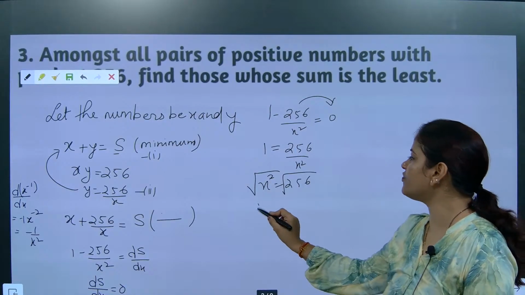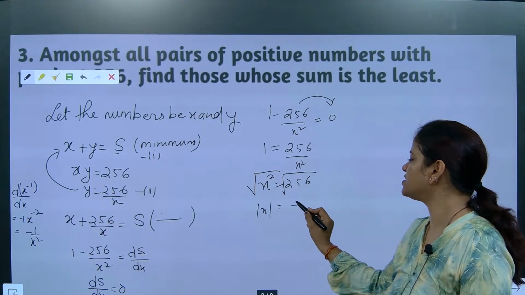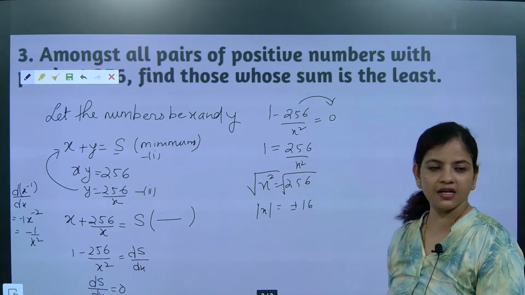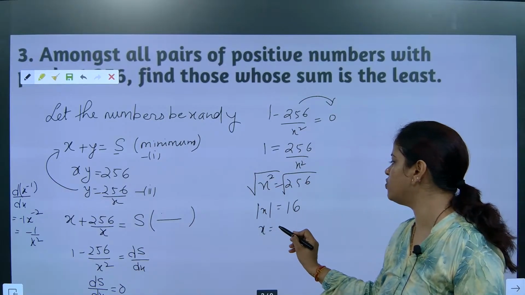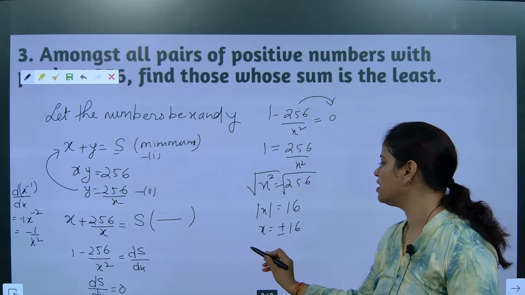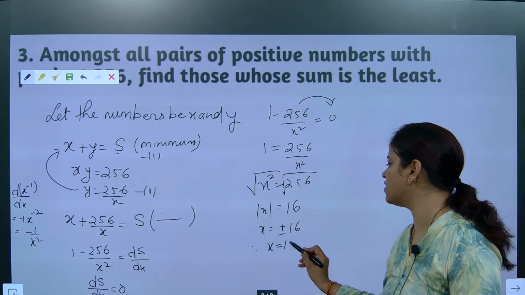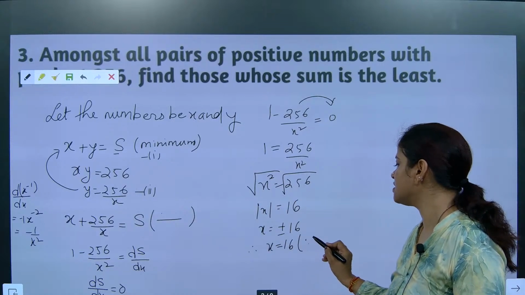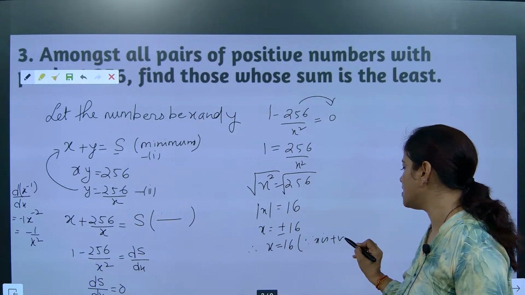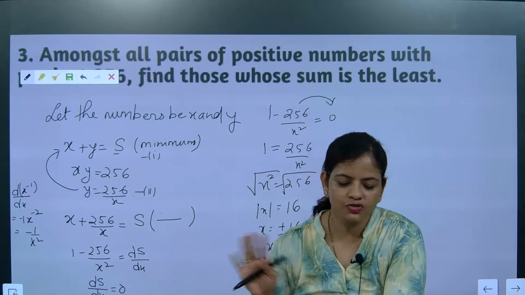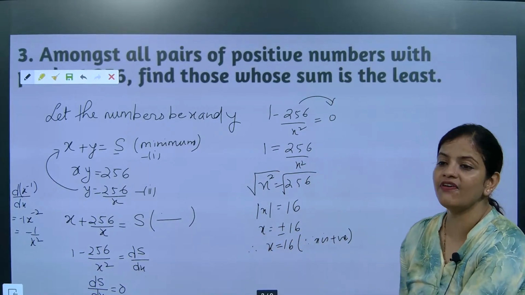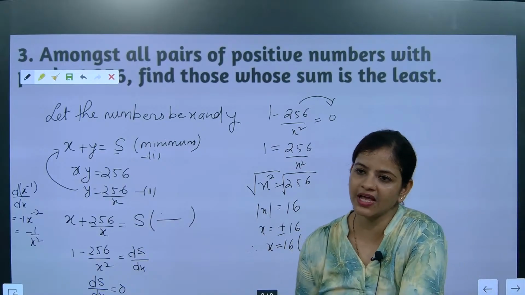So x will give you plus minus 16. But we will take only x equal to 16 since x is positive. Because in the question itself, they told that both x and y are positive, so we will restrict taking the negative value. So x is coming as 16.